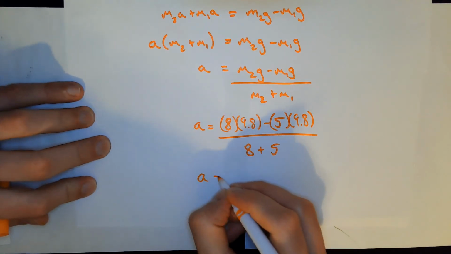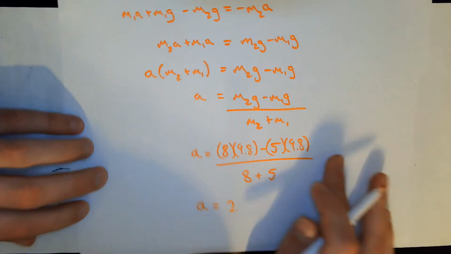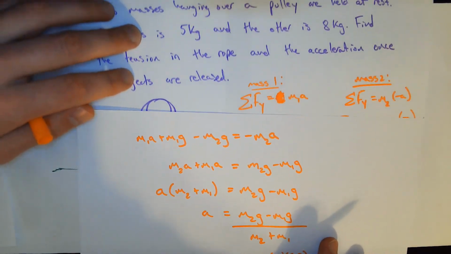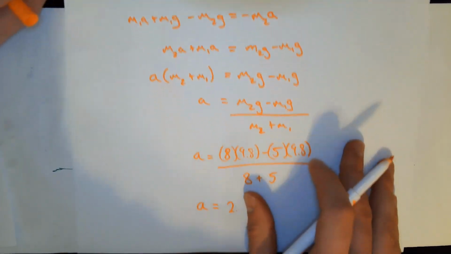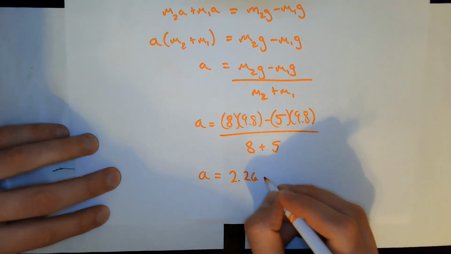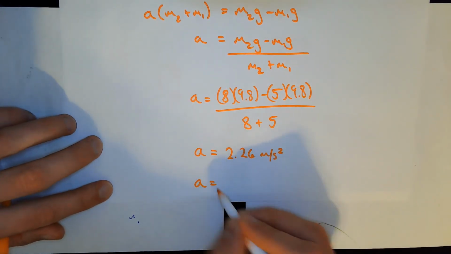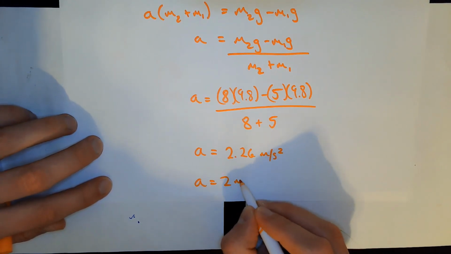Acceleration is equal to 2. Now, if I follow my significant figures rule, I've only got one. I'm getting 2.26 meters per second squared, but if I follow the significant figure rule, I guess I should just say 2 meters per second squared.